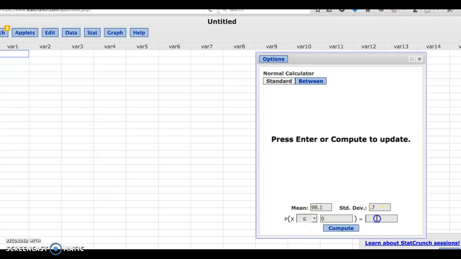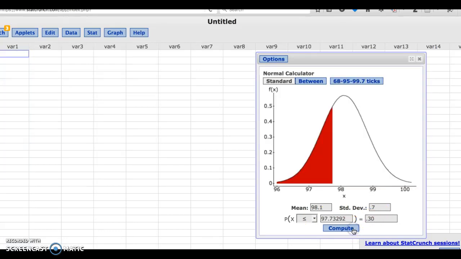And here we want the area to be 0.30. And if we take a look at this, the 30th percentile is a number such that 30% is below that number. That's exactly what we have in the picture. So the correct answer for that one is 97.7.